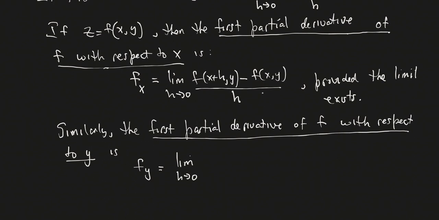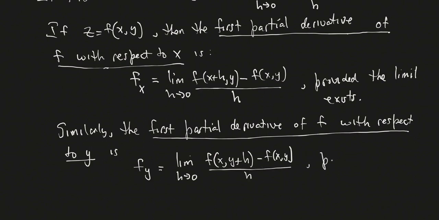The h in the denominator doesn't change, but because we are now doing a partial derivative with respect to y, I am not going to change the x variable, I'm going to change the y variable. So the first term in the numerator of our difference quotient looks like this: f of x, comma, y plus h, and then minus f of x, y, and then this is all over h.